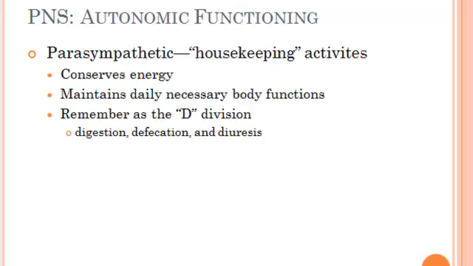Okay, so these two systems work in conjunction, so they're antagonists of each other. The sympathetic is going to stimulate a number of organs, whereas the parasympathetic system is going to slow down some organs. So for example, where the sympathetic system is going to excite, your heart's going to beat faster, your lungs are going to start working harder.